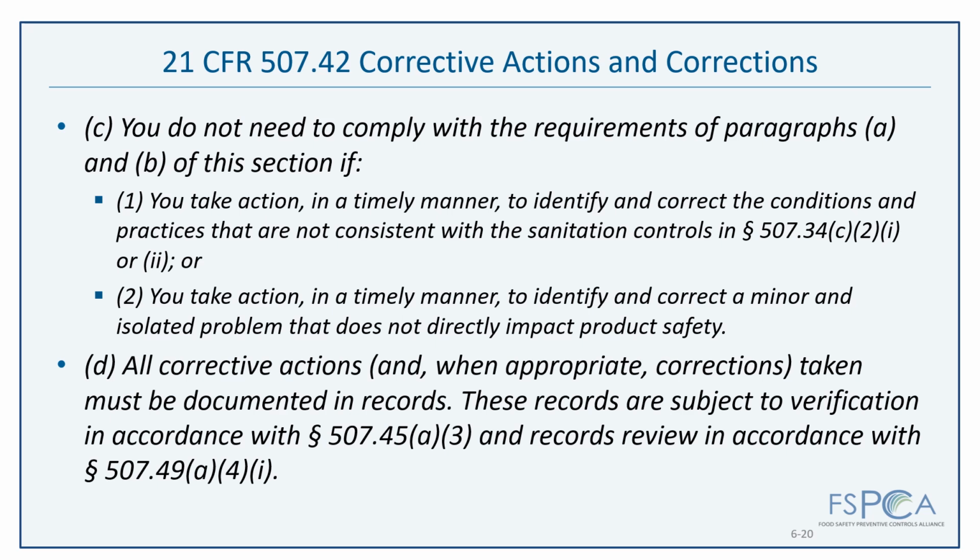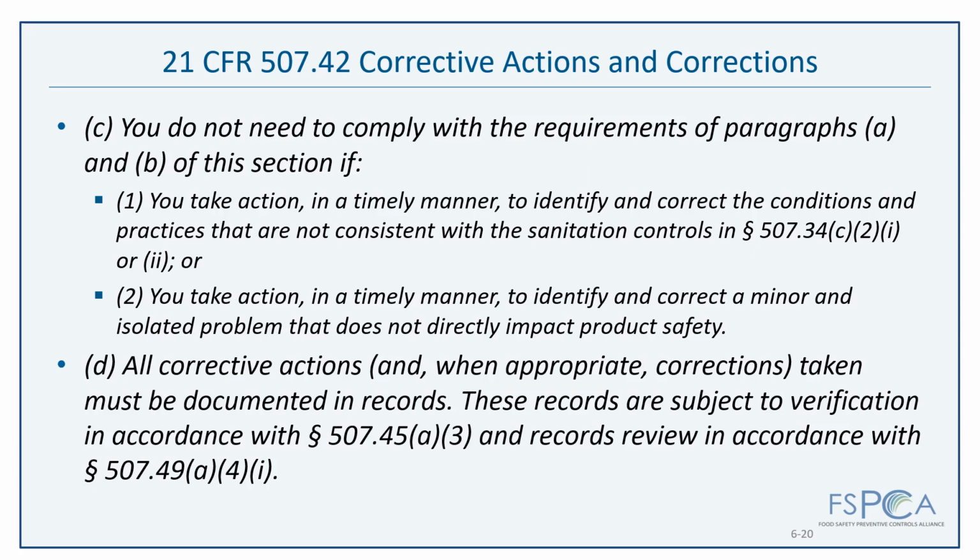But this part C is talking about what we consider to be a correction. A correction is a situation where we can identify and correct a problem without having to do all of the other steps and all of the other paperwork. And this only applies to situations that are minor and isolated, or something that happens when sanitation controls are not quite implemented correctly. But again, that's something that you're doing in a timely manner and you're still identifying and correcting the problem.